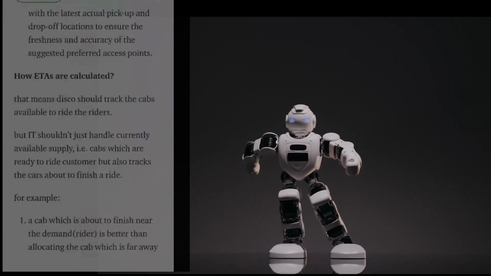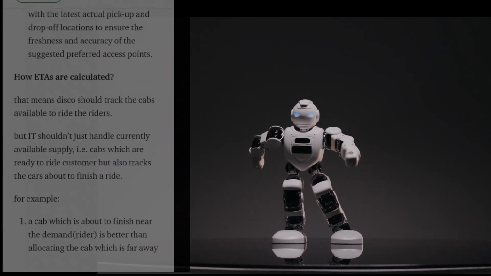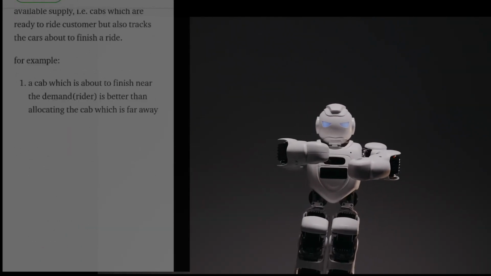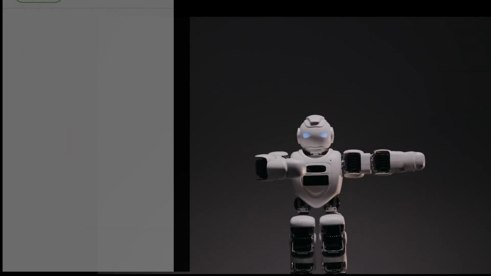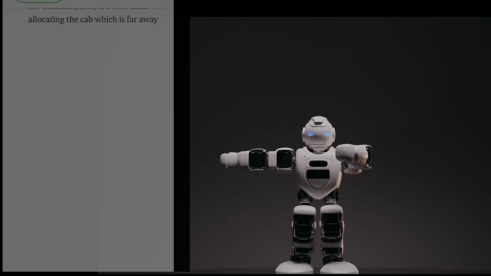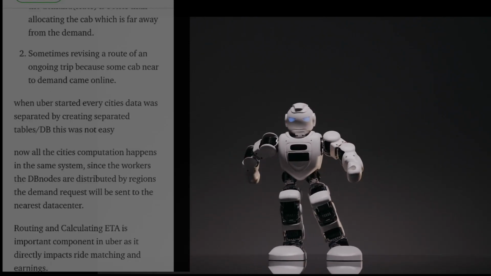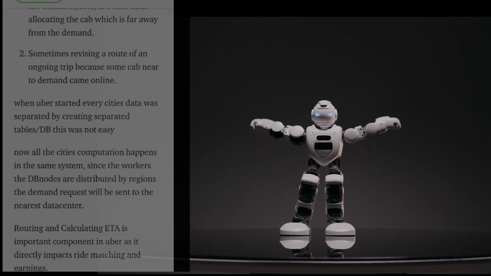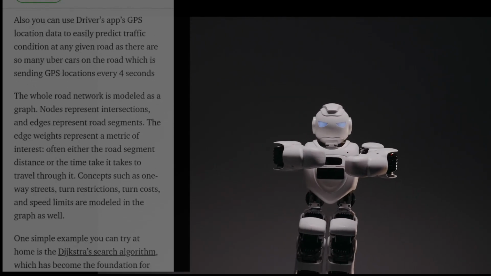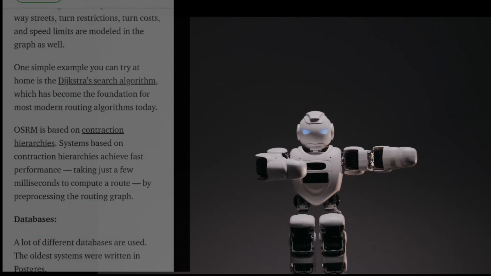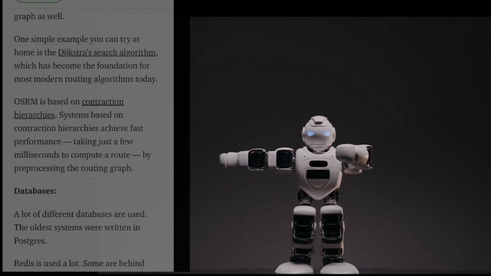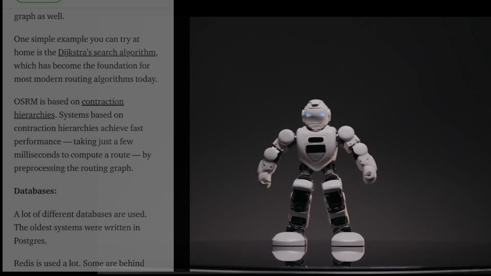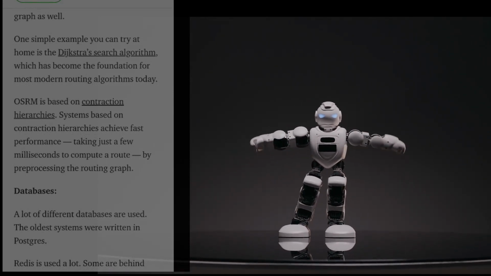ETA is calculated using the GPS locations of various available vehicles. A lot of queries happen, and they use these as the source for routing algorithms.